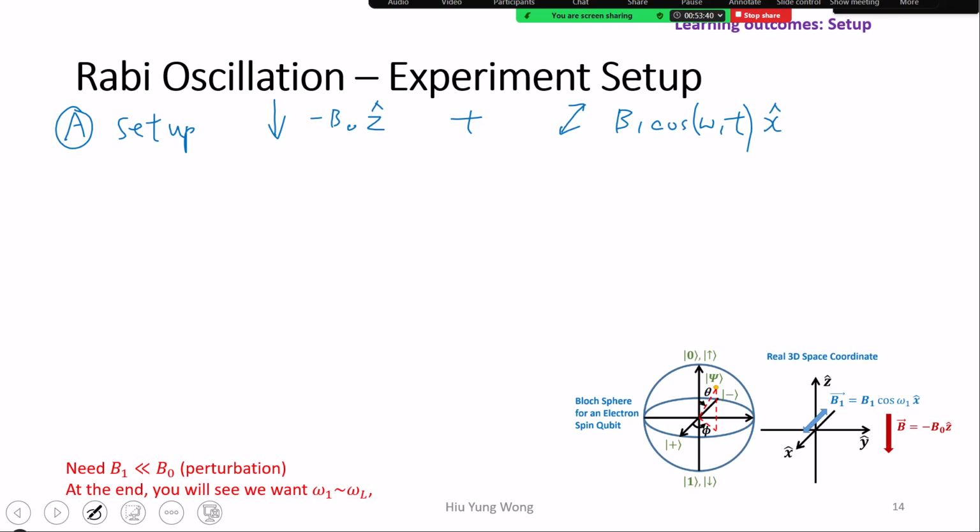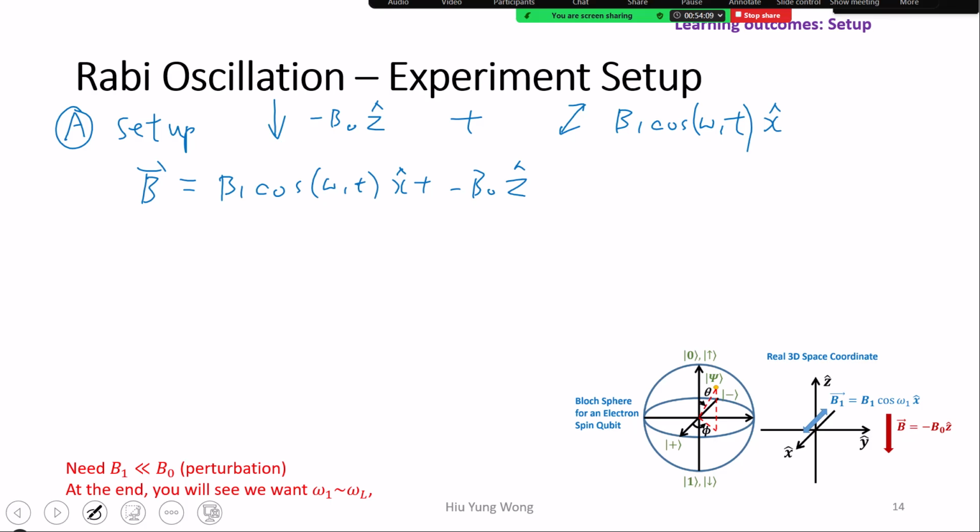That's it. This is a vector along the x direction, but it's sinusoidal, so it's getting large and small and pointing in opposite directions. So what is the total magnetic field? Now it's easy, I just add them together. It's B1 cosine omega 1t x hat plus negative B0 z hat.